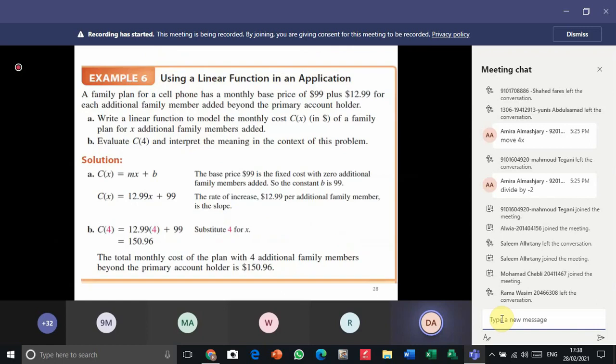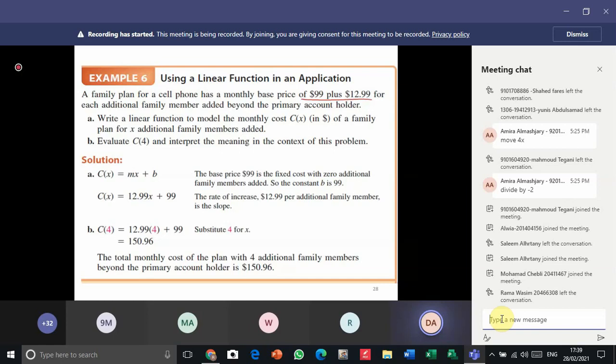Look at this application. We need to find the linear function of this application. We have a family plan for a cell phone, which has a monthly base price of 99 plus $12.99 for each additional family member, added to the primary account holder.